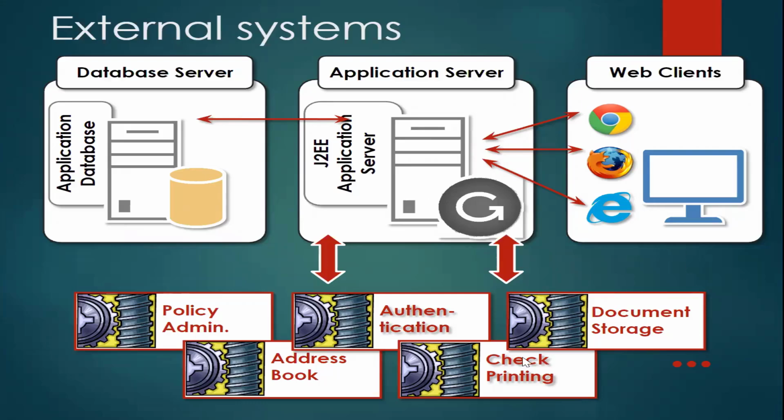From ClaimCenter, they will send the metadata to the document storage system, and the document storage system will store the document and create a public ID to uniquely identify it. At a later stage, if we want to retrieve that particular document from ClaimCenter, we have to send that public ID to the document storage system so that it will search for the document in its system and send it back.